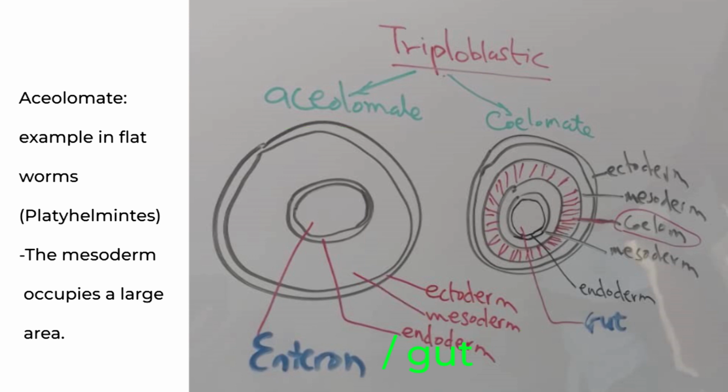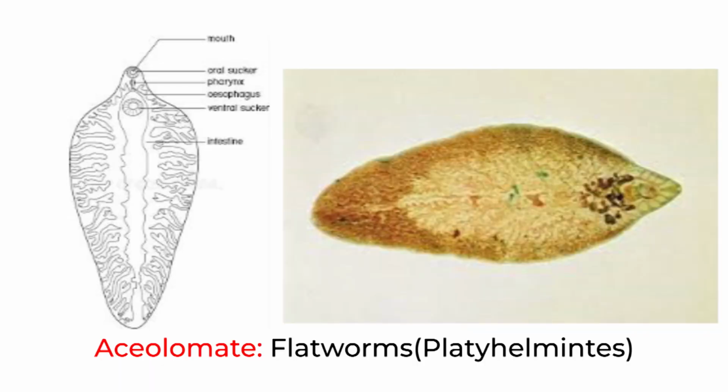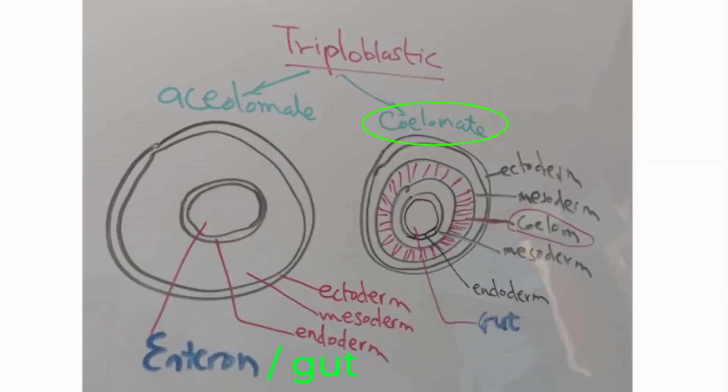So, in acoelomate organisms, you have ectoderm, mesoderm filling the whole space, and then you have an endoderm and a hollow enteron. Because the mesoderm fills the whole space in flatworms, they are flat, so that substances can easily diffuse through. That's the flatworms.